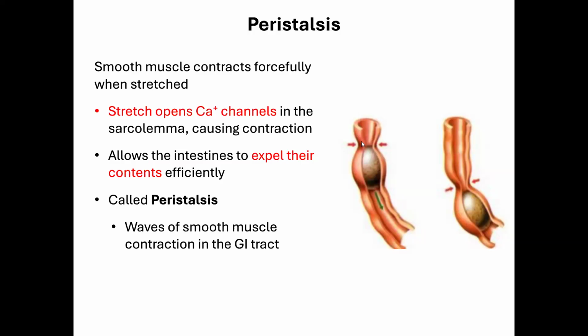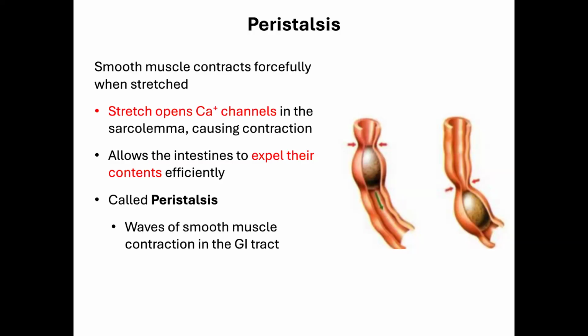This area is stretched. When a smooth muscle is stretched, it contracts. Why? Because stretching opens the calcium channels, and when calcium comes in, contraction happens. It pushes the food to the next area. When it reaches there, that area is stretched, contracts, and pushes the food to the next area.